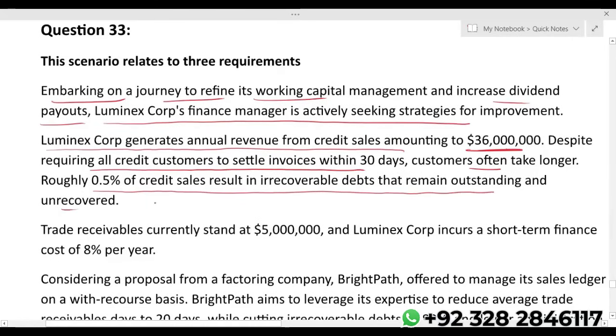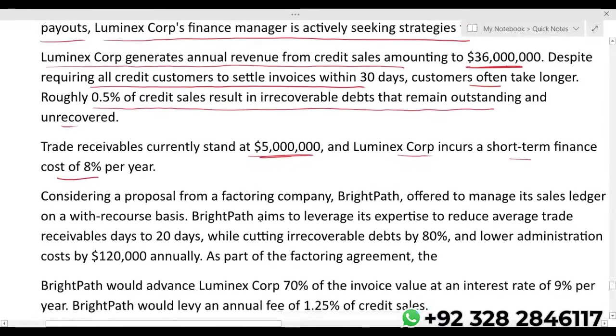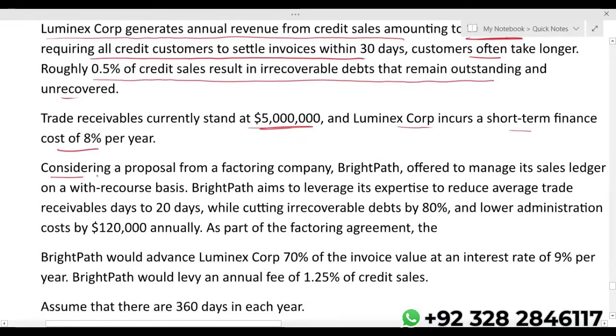It means 0.5% of the sale is bad debt. Trade receivable currently stands at 5 million. Luminex Corporation incurs a short-term financing rate of 8%. Considering a proposal from a factoring company. Okay, it's all about factoring. Brightpath offered to manage its sales ledger on a with recourse basis.